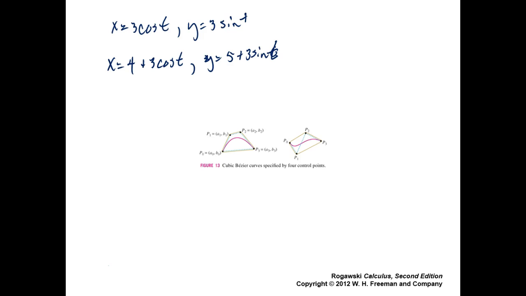All right? Number 3. What is the maximum height of a particle whose path has parametric equations x equals t to the 9th, y is equal to 4 minus t squared?